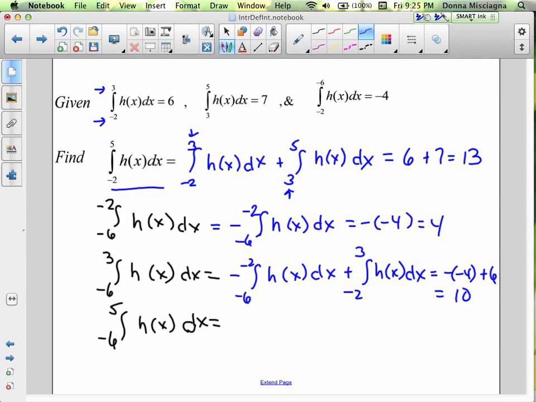Okay. So you should be able to rewrite these with the different integrals you would use to equal the same thing. And then you can substitute with the values. All right, so now we want to go from -6 to 5. Well, this one actually was a pretty easy one. So from -6 to -2 would be the opposite of our -2 to -6. And from -2 to 3, we would pick up with this one.